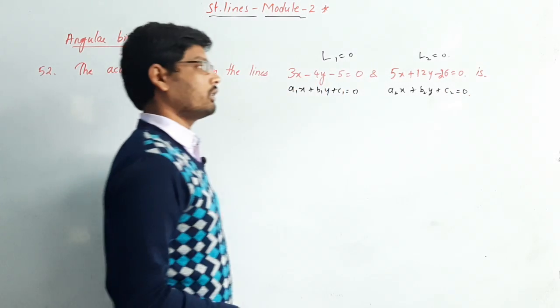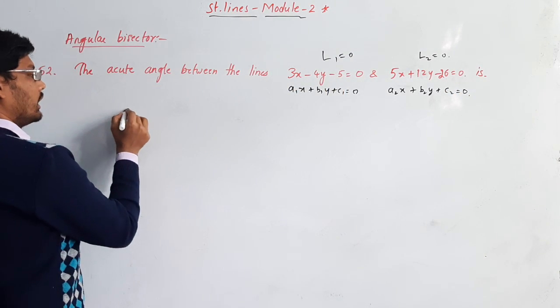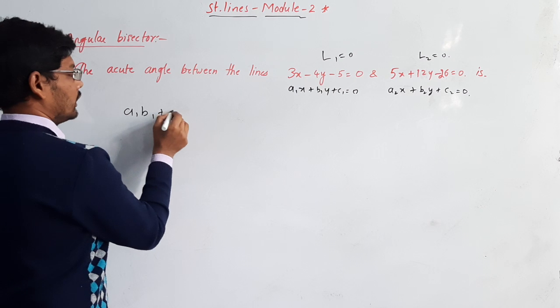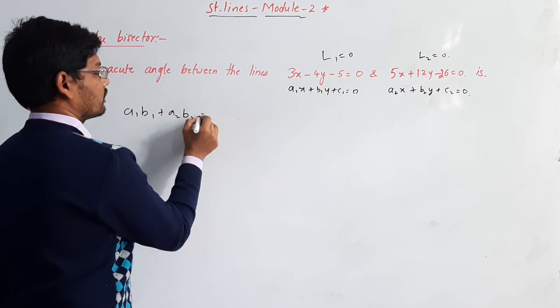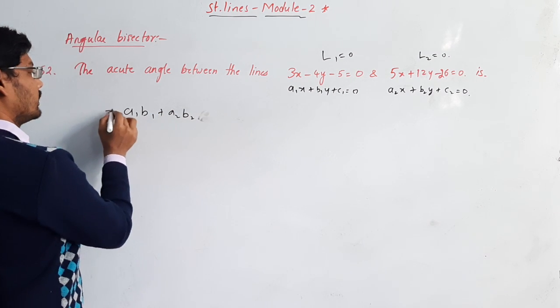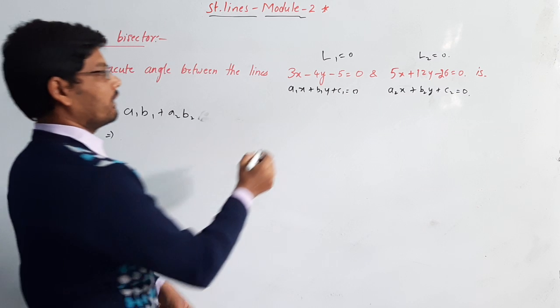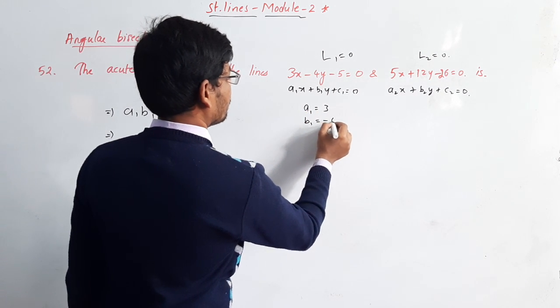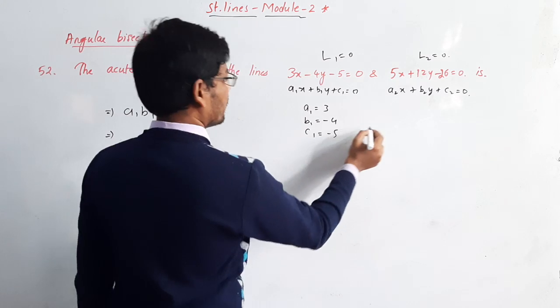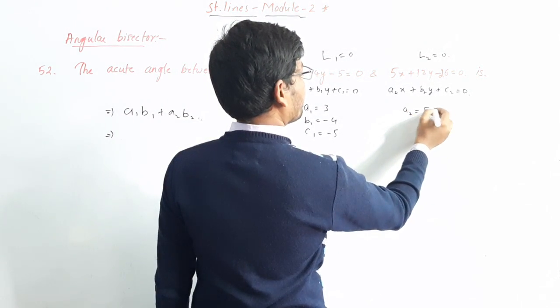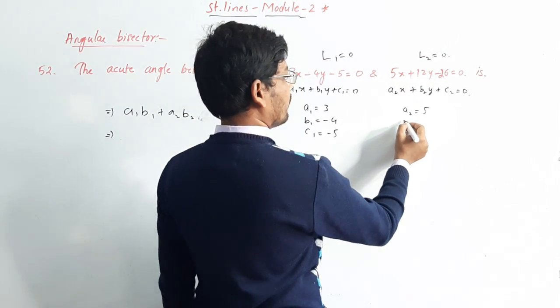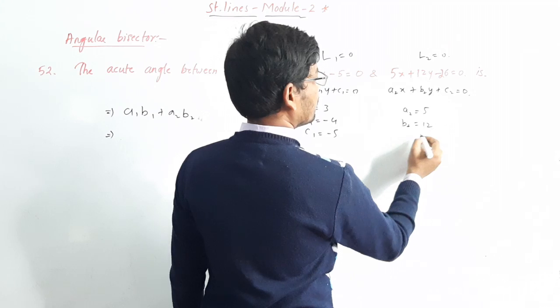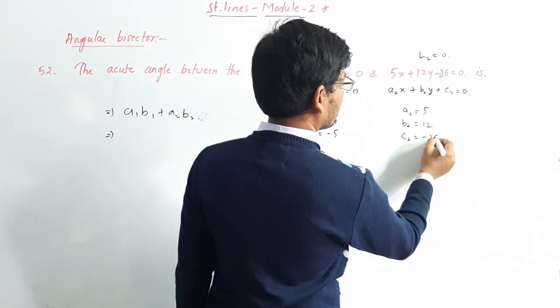So first of all, we have to find the condition between a1 b1 and a2 b2. Now a1 is equal to 3, b1 is equal to minus 4, c1 is equal to minus 5. If you compare this equation, a2 is equal to 5, b2 is equal to 12, c2 is equal to minus 26 here.